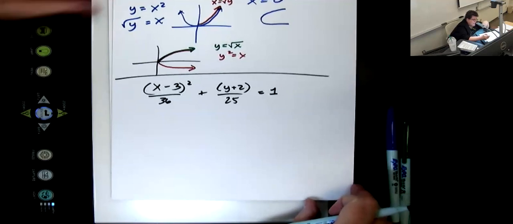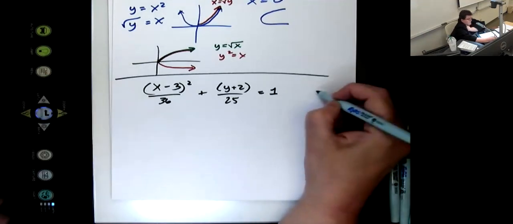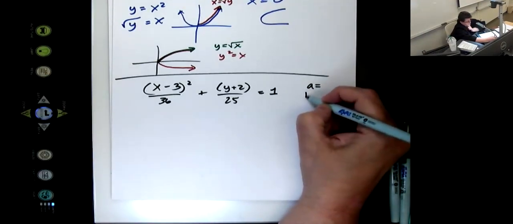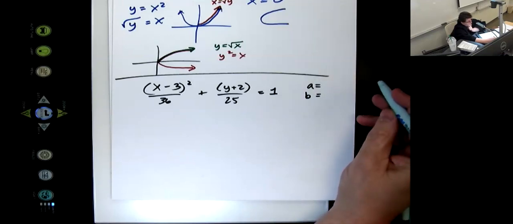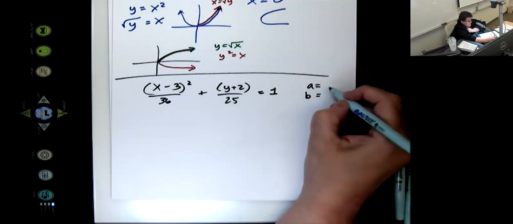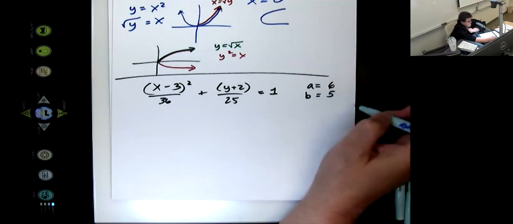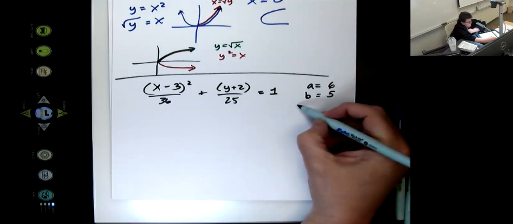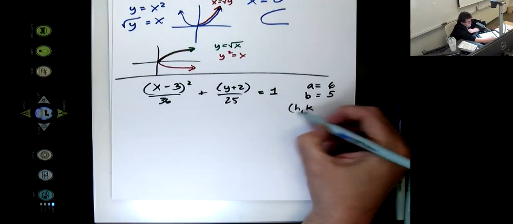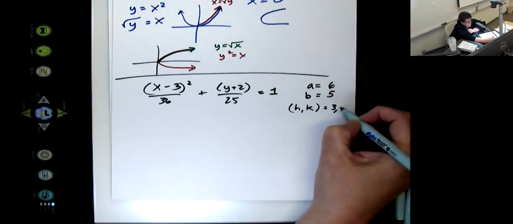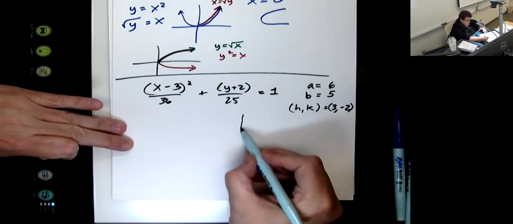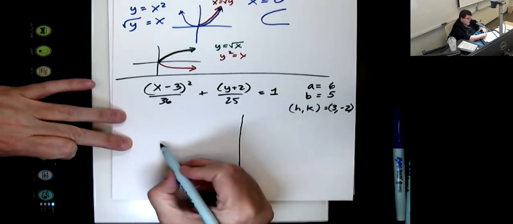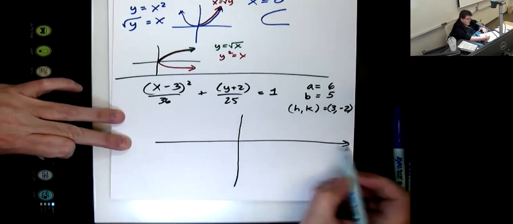What is my a and my b here? It tells me how far we're going to go left and right and up and down. 6 and 5, right? What is my center? 3 and -2. Which means our center is not the origin anymore. We need to move to compensate for it.